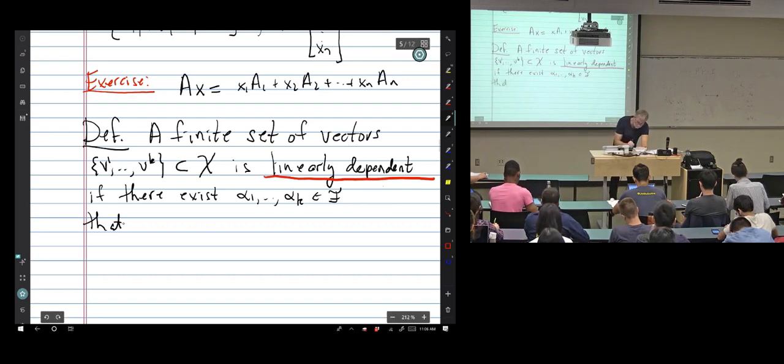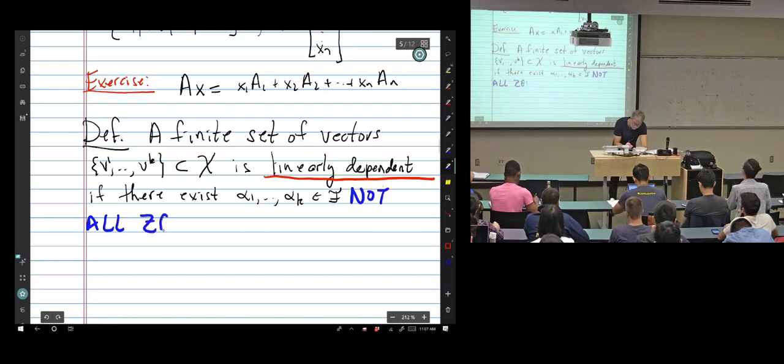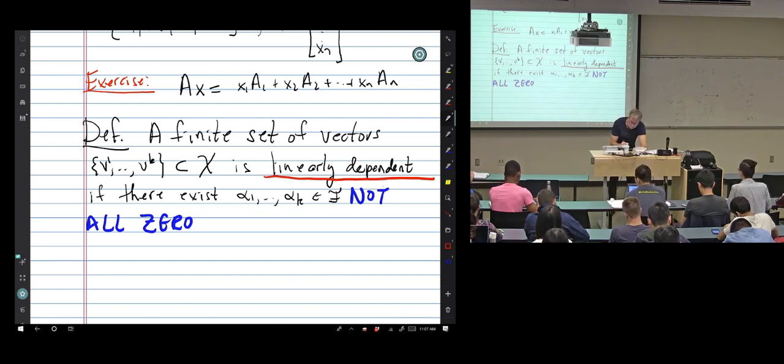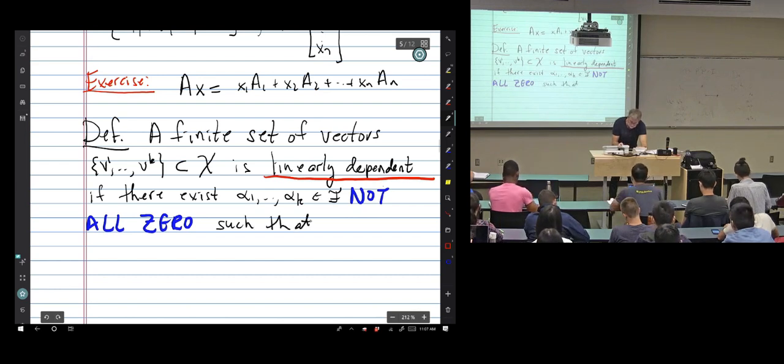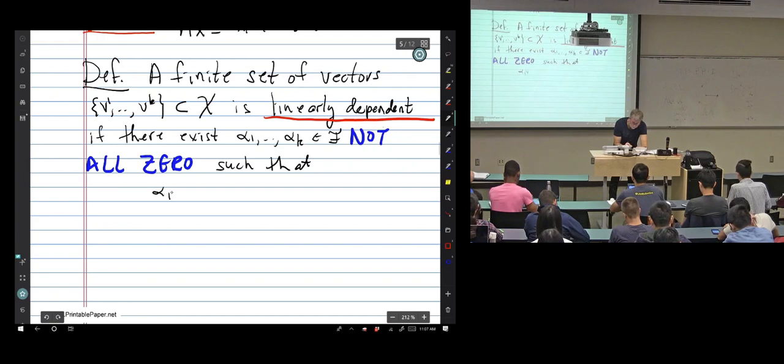not all 0. Okay, there exist scalars such that not every one of them is 0, such that when I form the linear combination alpha 1 v1, alpha 2 v2, ..., alpha k vk, I get the 0 vector.